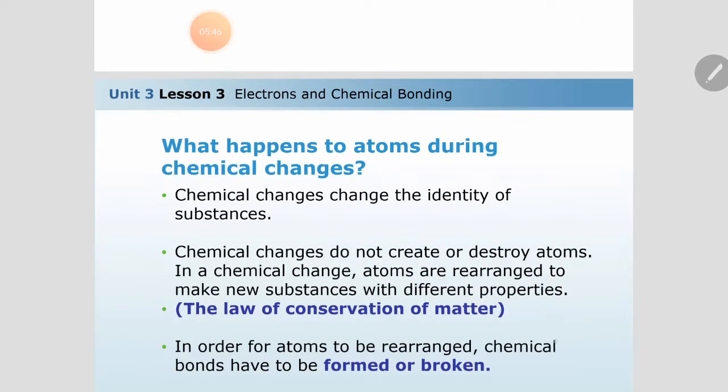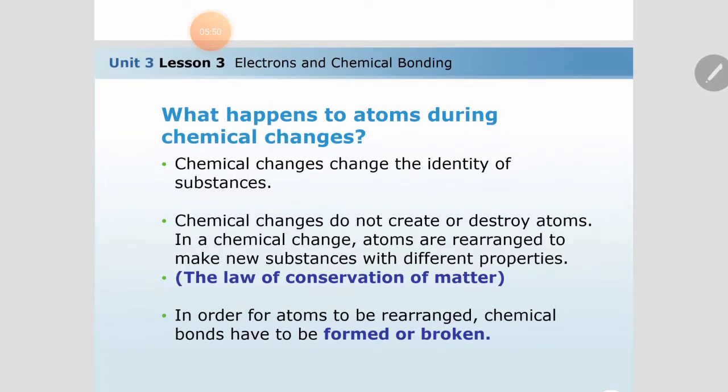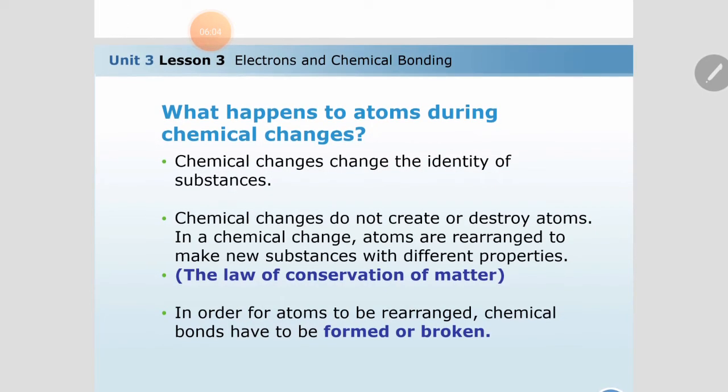Now we will talk about an introduction to the chemical reactions. We will refresh our information. If you remember, a chemical reaction is a chemical change. It's the same as the chemical change. And the chemical change changes the identity of the substance.